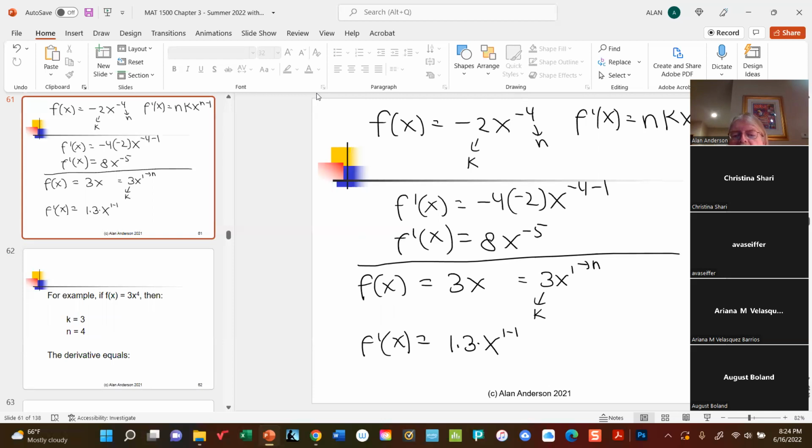The exponent is 1 minus 1, which is, of course, just 0. So you end up with just plain old 3. Because again, the x has an exponent of 1. When you subtract 1 from that, it becomes 0. And anything raised to the 0 power, of course, is just 1. So in other words, this is technically 3 times 1, but we just write it as 3.